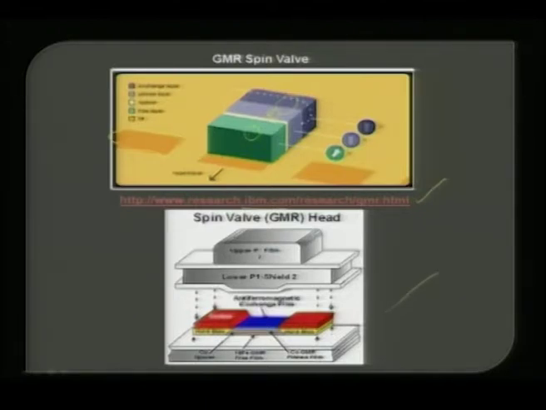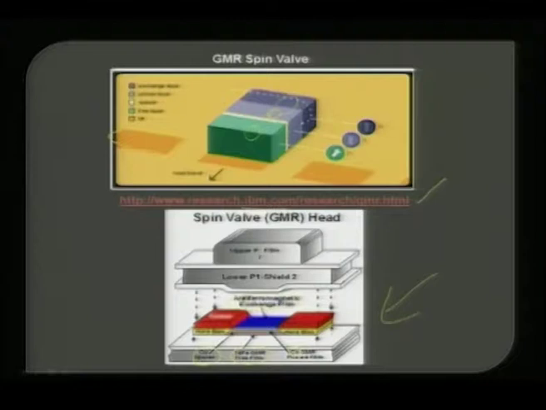This is also shown in this view graph, where you have the copper spacer and you have the GMR free film, nickel iron, which is called permalloy, on the top, and you also have cobalt, which is actually pinned to an anti-ferromagnetic exchange film.